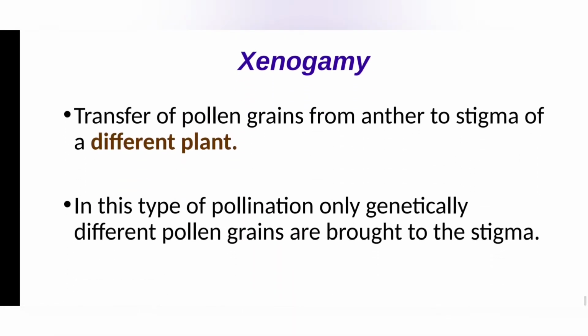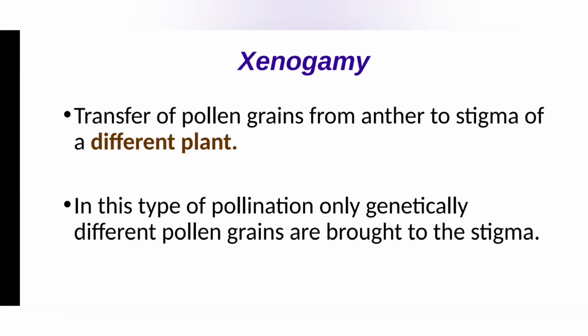Then comes xenogamy. Transfer of pollen grains from anther to stigma of a different plant. In this case only, the pollen grains come from a different plant, not from a different flower, entirely a different plant.